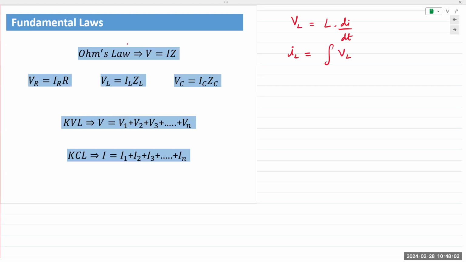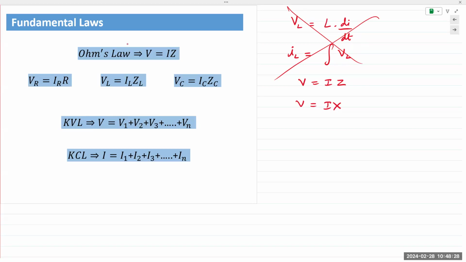We won't have to do any of that. We simply transform the circuit, represent sources as phasors and components with their impedances, and we simply apply Ohm's law. V equals IZ. If we talk about just the RMS values, then you could also use V equals IX.